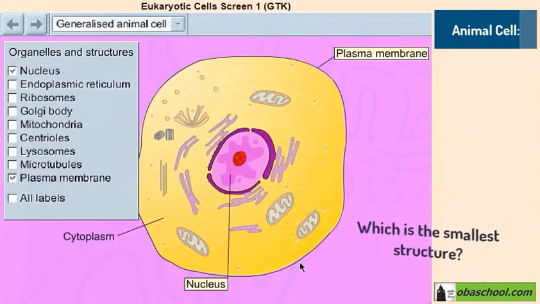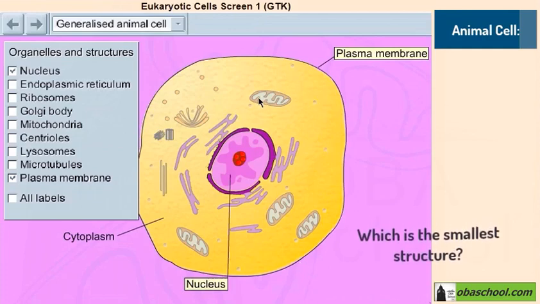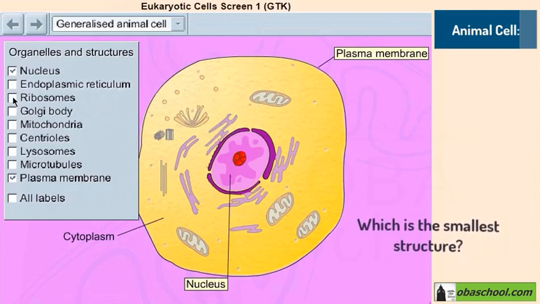Which structure do you think is the smallest? Yes, the ribosomes are the smallest structures.